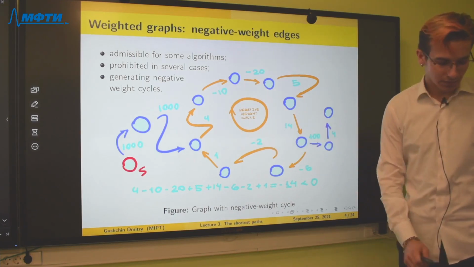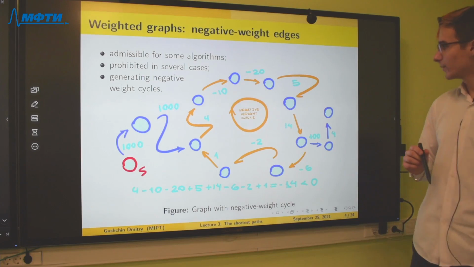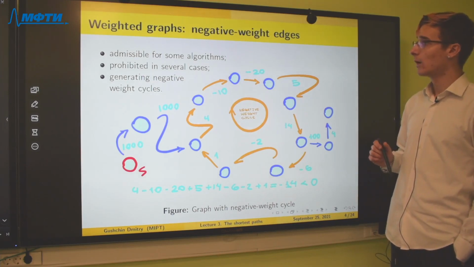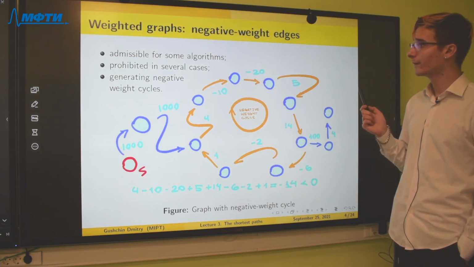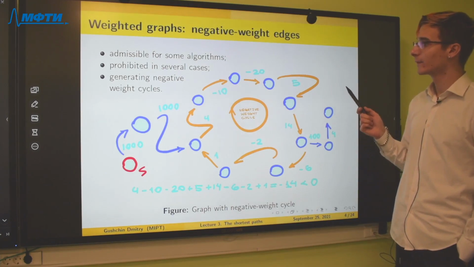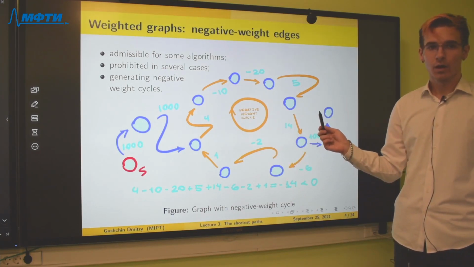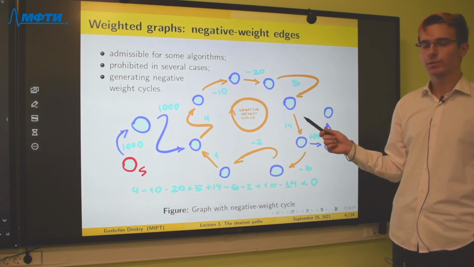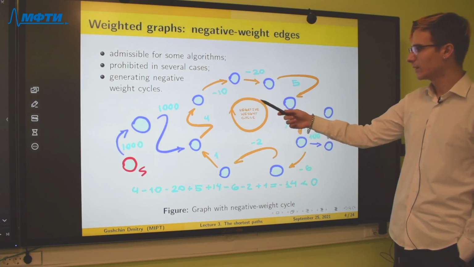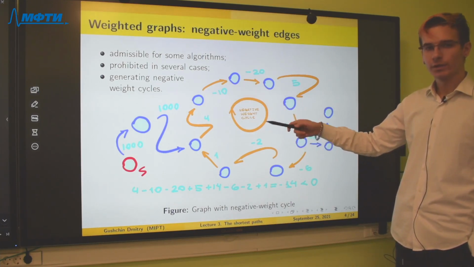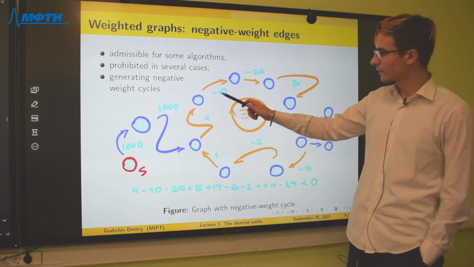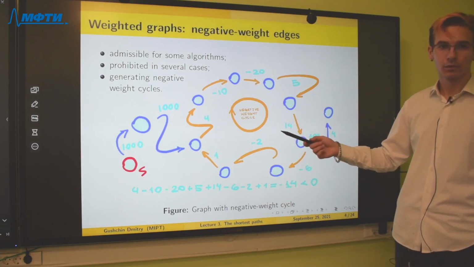But when we want to solve the task of the shortest path between S and other vertices, we can use each edge more than one time. If we have a negative weight cycle, we can go through it more than one time.